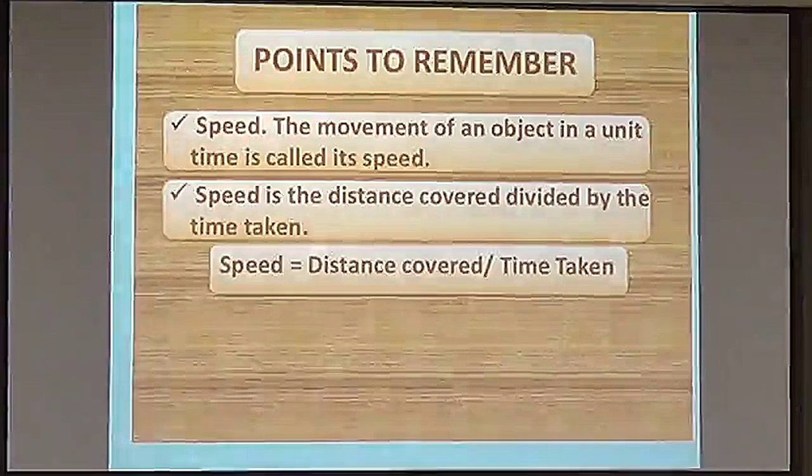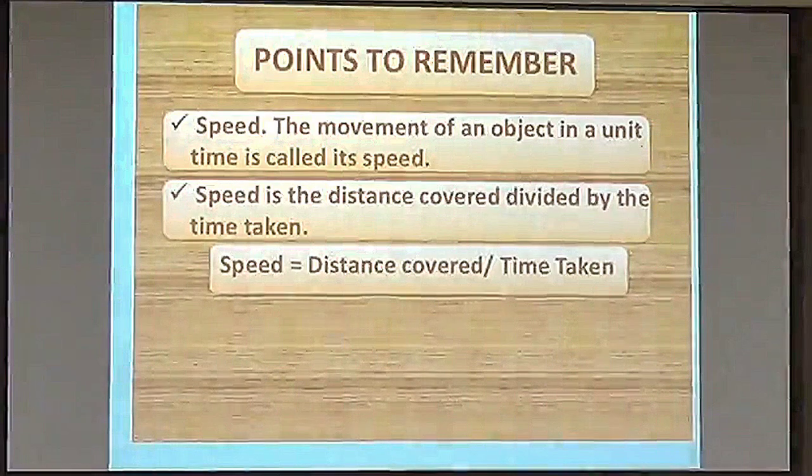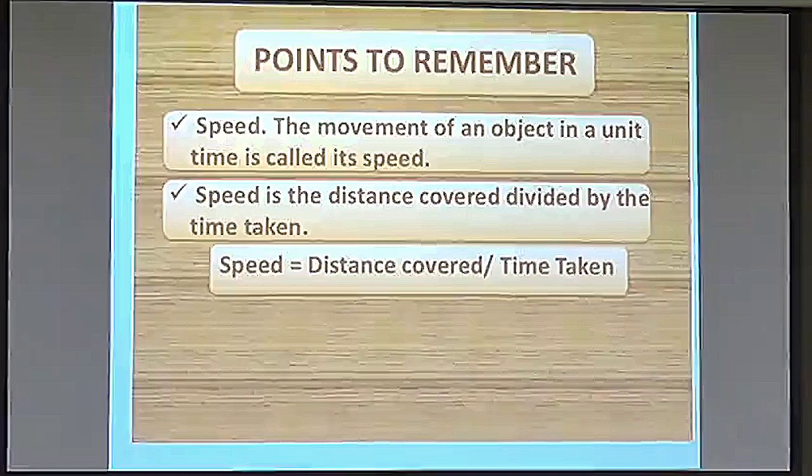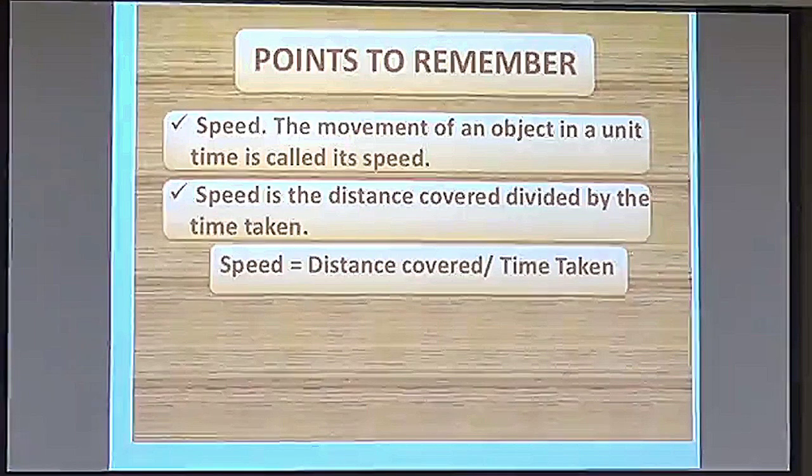Now to summarize what we have studied, first is speed. Speed is the movement of the object in unit time. Speed is the distance covered divided by the time. Formula of the speed is distance covered upon time taken.